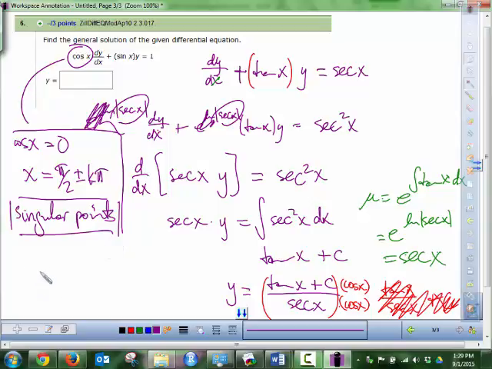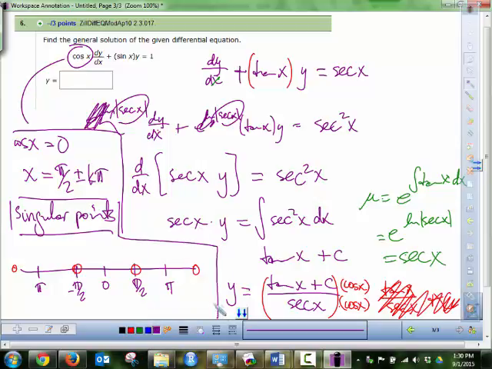So if we look at the number line, and we know that we can't have these points over here, then in terms of finding a good interval for ourselves, since we don't have an initial value, a good interval for ourselves would be basically between these singular points, right? Otherwise it could possibly go to infinity.